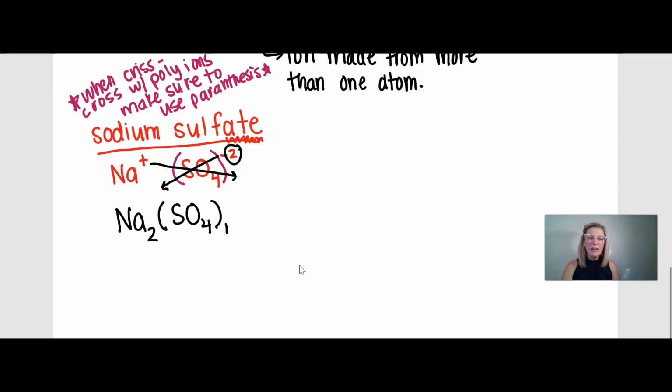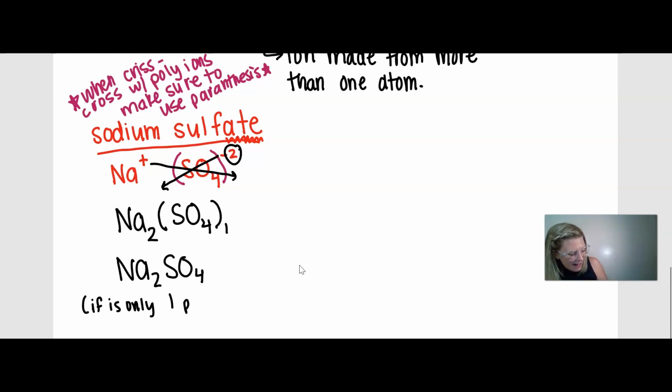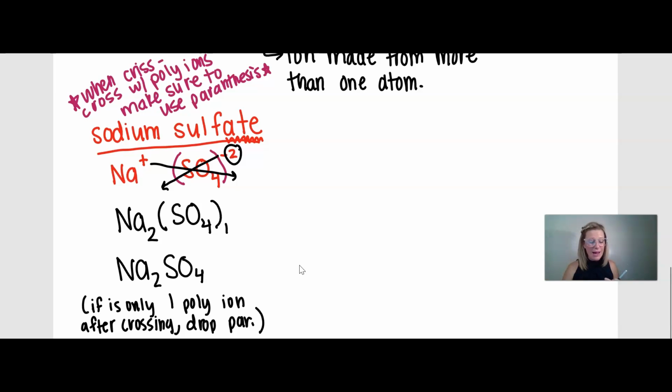Now again, that 1 is redundant, we don't need it there, and if there is a 1 there, then you can actually drop the parentheses: Na2SO4. So if there is only 1 polyion after crossing, you can drop those parentheses. Otherwise, you have to keep them.